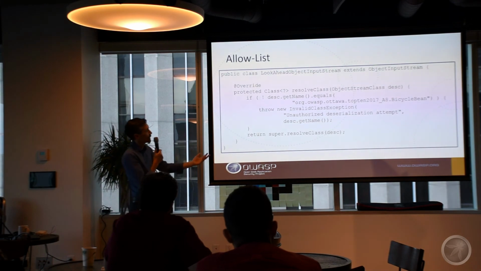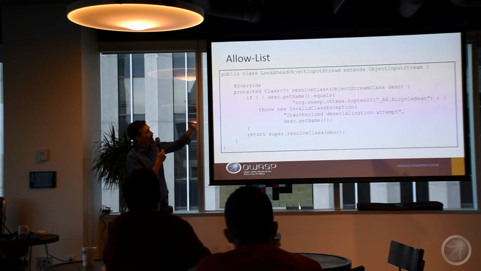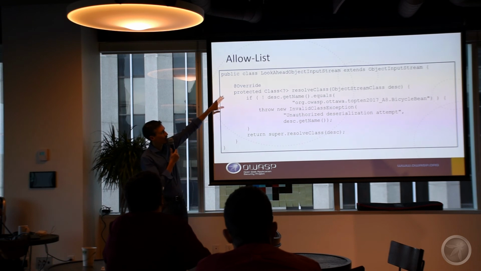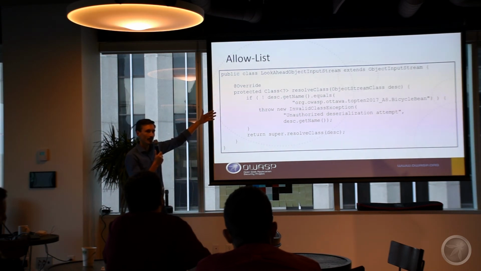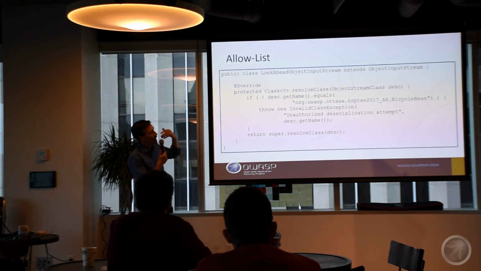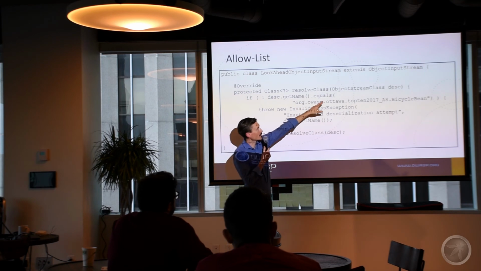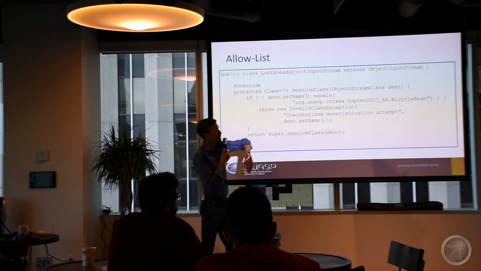So this is an example of an allow list using this idea, right? The idea is that you create a subclass of the ObjectInputStream, and you're going to use instances of that subclass anytime you're reading serialized data that are untrusted. All you have to do is override the resolveClass method, and this notion of class description I mentioned before in the protocol is going to be provided to you here as the desc parameter.